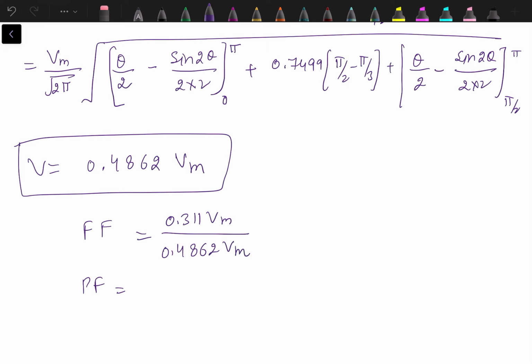So this comes out to be 0.6397, while the peak factor, which is ratio of Vmax, maximum value Vm, upon its RMS value, which is 0.4862, comes out to be 2.0567.